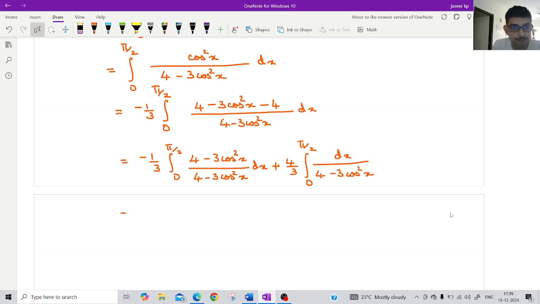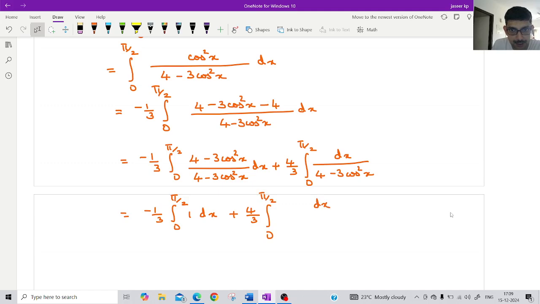So the first one will become minus 1 by 3, 0 to pi by 2, 1 dx, and the second one 4 by 3, 0 to pi by 2 dx.